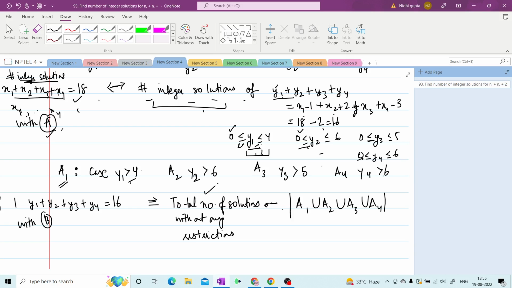Another bad solution when y3 is greater than 5 and y4 is greater than 6. So if any of these scenarios happens, then it is a bad case. We have to subtract that because we are not required to count these cases. So if we want to find the solutions, it is basically the total number of solutions minus this.